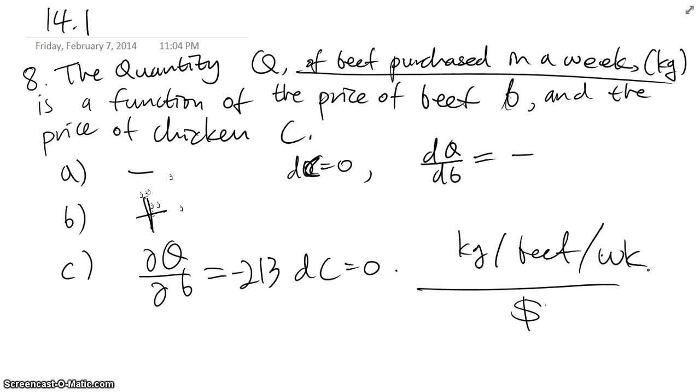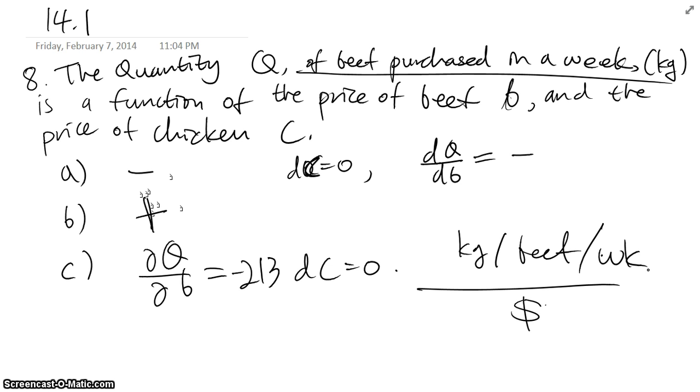What it means is that if you spend one more dollar on beef, that's an increment on B, dB, and that is going to lead to a decrement on Q by 213.